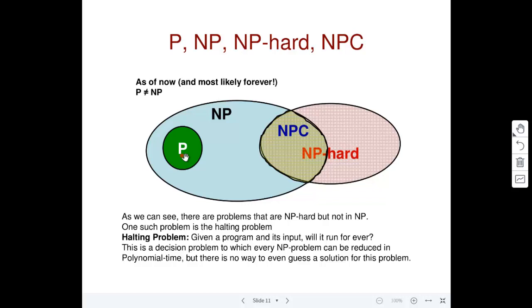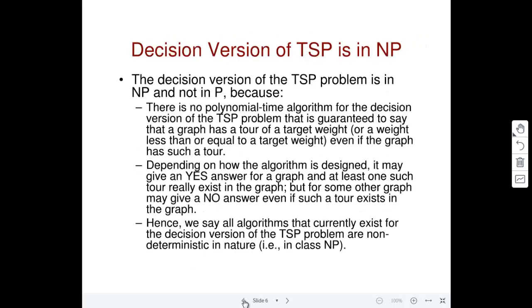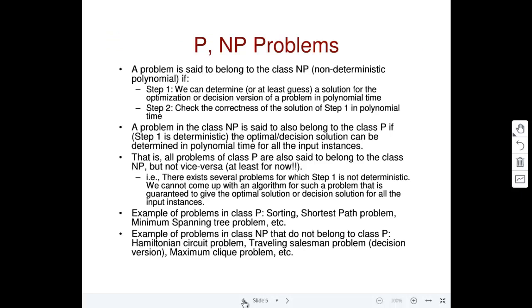That is why we can say all the algorithms you have seen are deterministic algorithms. So what do we mean by a deterministic algorithm? An algorithm is said to be deterministic if for all inputs it's guaranteed to give you what it is designed for. That means Dijkstra's algorithm is deterministic because given any graph and the starting vertex, it's guaranteed to find you the shortest path tree starting from the vertex.